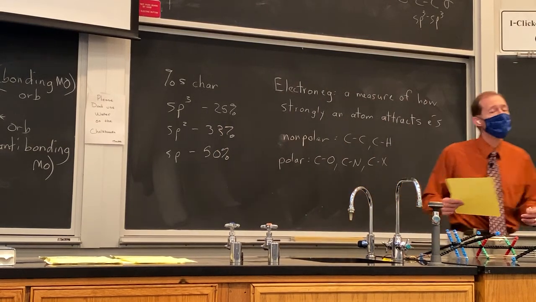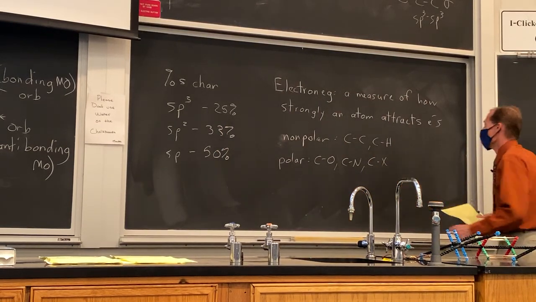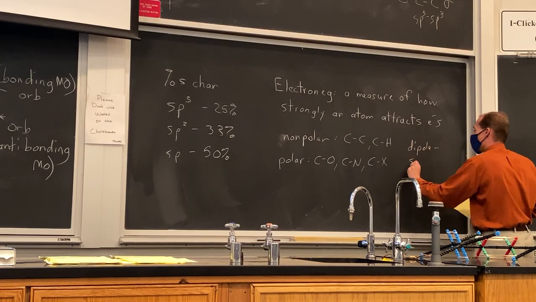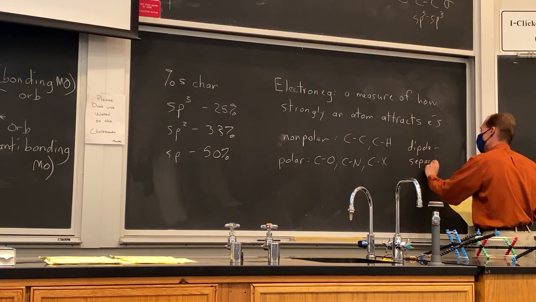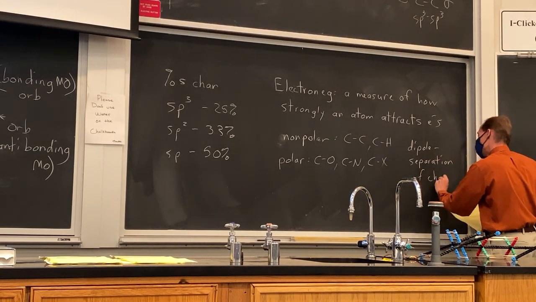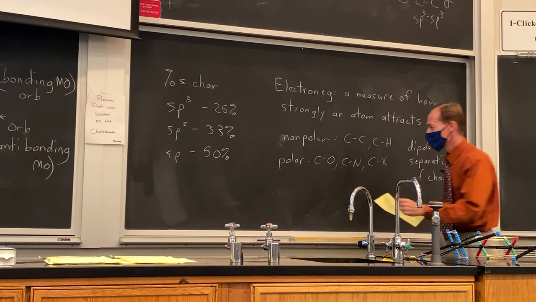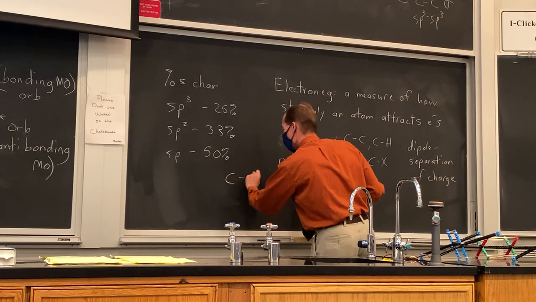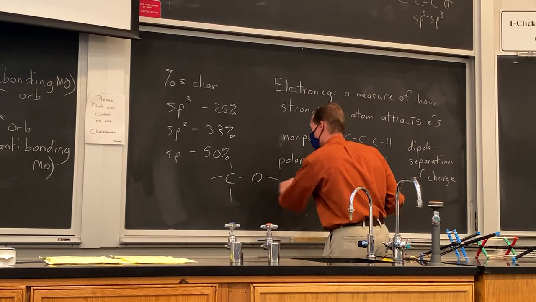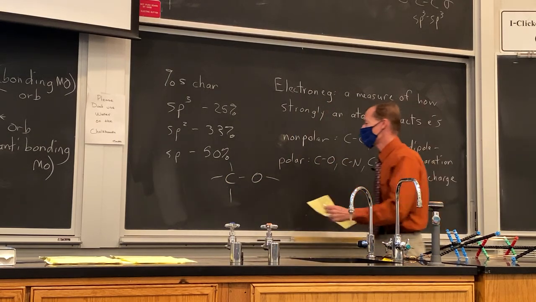So when we have a polar bond, we have what is known as a dipole or a separation of charge. Okay? And there's two ways to show that. If we have a carbon-oxygen bond, we'll have three other groups bonded to that carbon, one other bond to that oxygen.